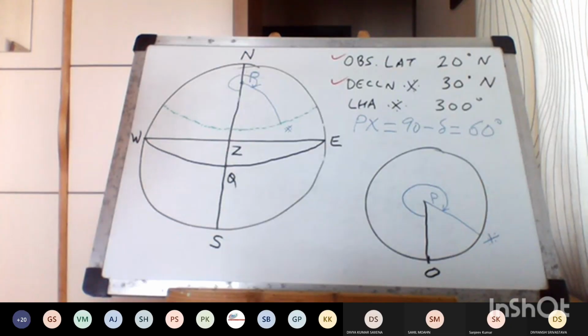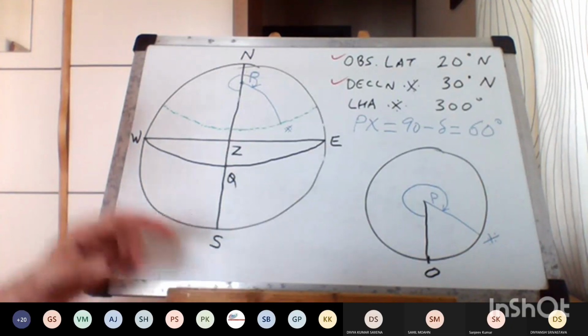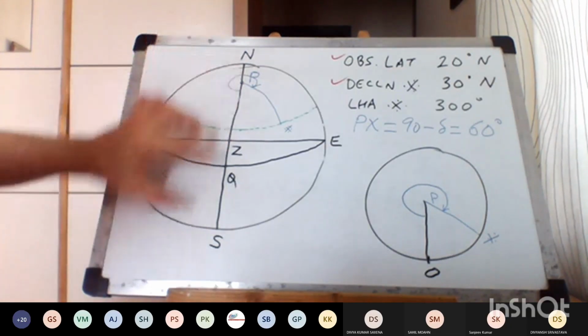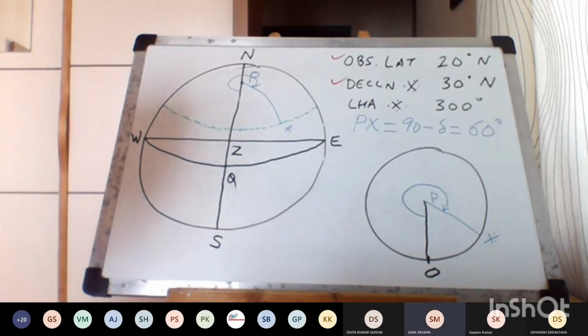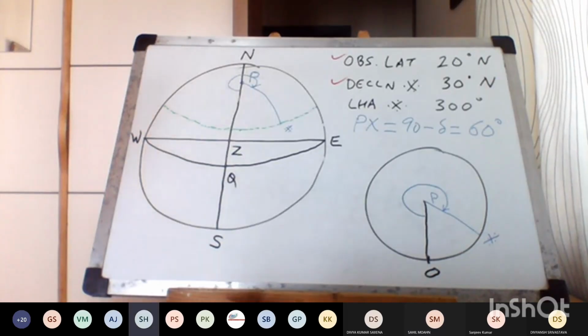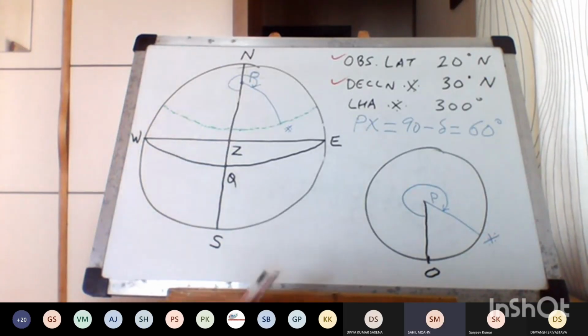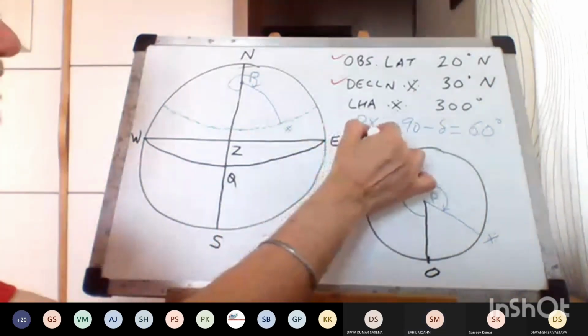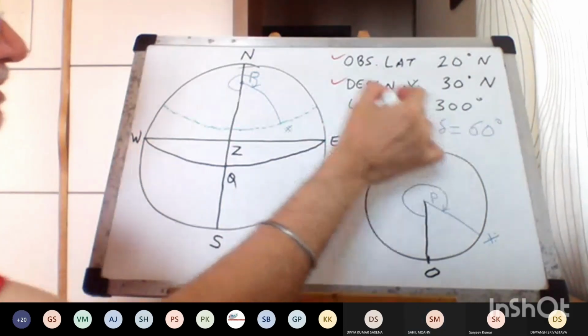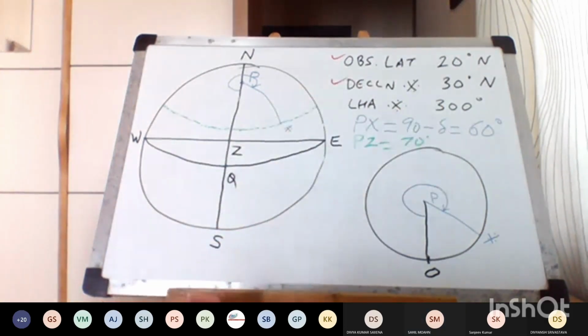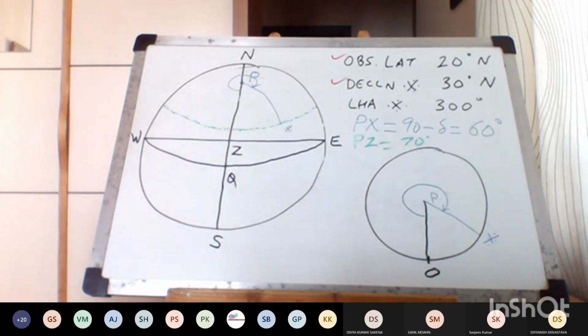So that is the polar distance. One side. PZ, this meridian is also a great circle. I know PZ also. PZ is 90 minus latitude, so PZ is equal to 70 degrees. I don't know ZX. How will I find ZX?